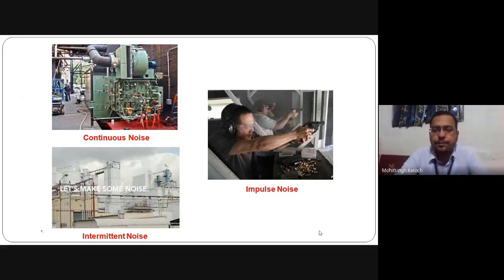Third one is an impulse or impact noise example, that is firing of a weapon. You can see the person who is firing the gun is wearing ear protective equipment. So this type of equipment is very necessary if you want to protect yourself from adverse effects of noise pollution.